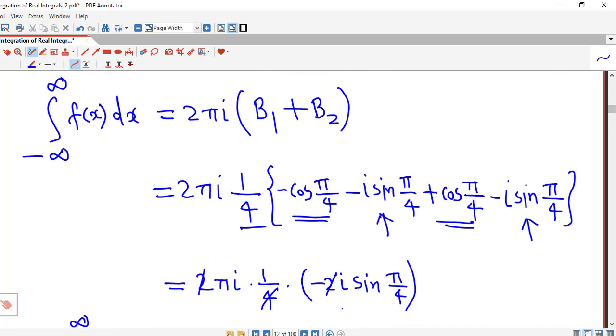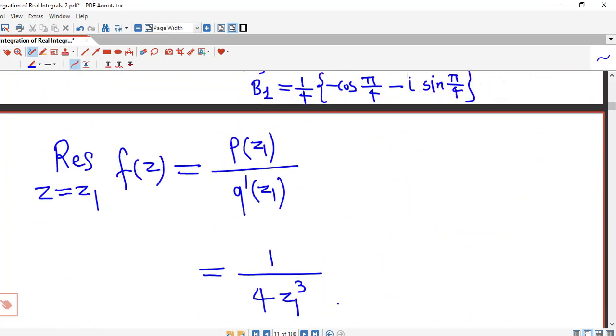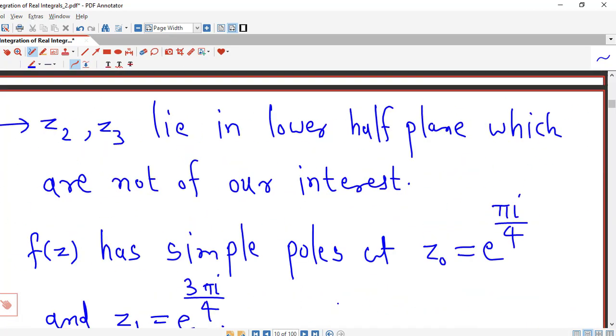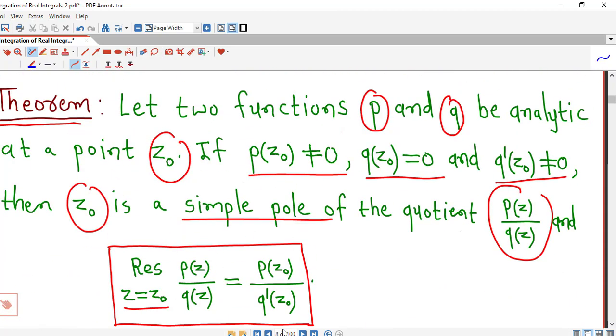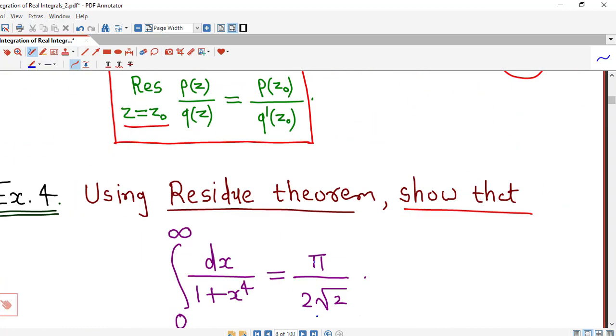So in this example, the new thing is we have used another method of calculating residues. For that we remember this result: if two functions p and q are analytic at point z0, if p of z0 is non-zero and z0 is a zero of function q of order 1, then the residue of p(z) over q(z) at z equal to z0 is given by p of z0 divided by q dash z0.